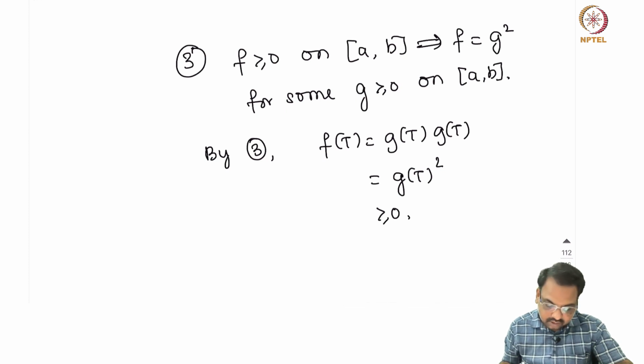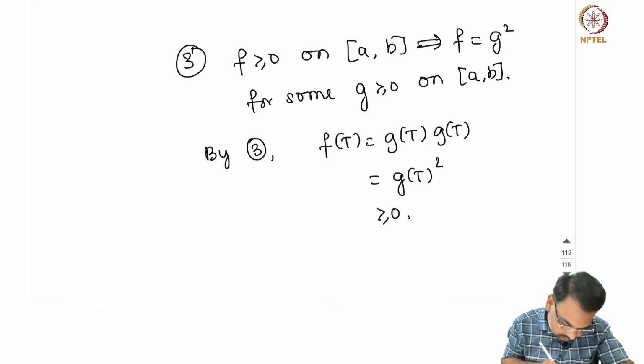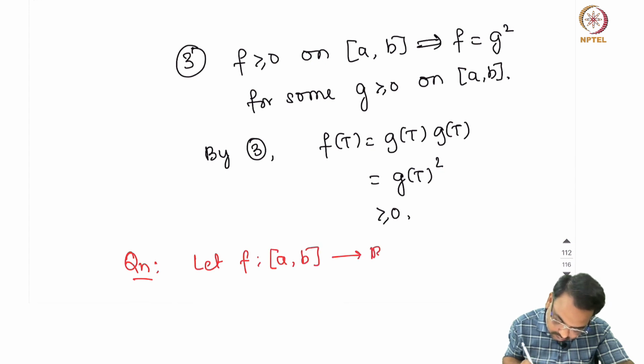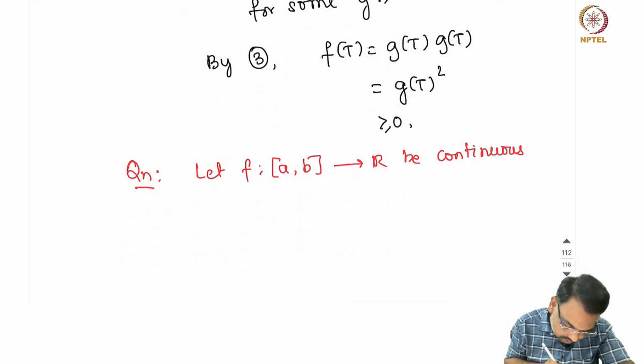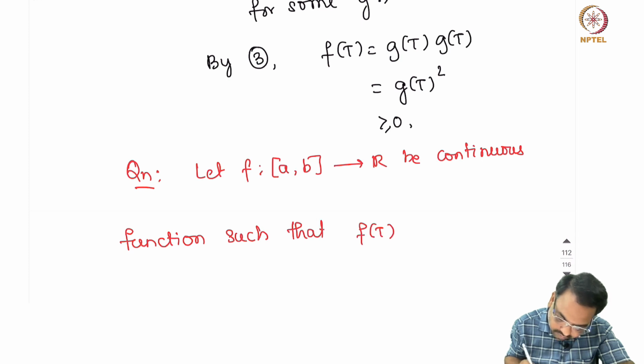Now the question we can ask is, is the converse true? That means whenever f of t is positive, can we say that f is positive? Let f be a continuous function such that f of t is positive.